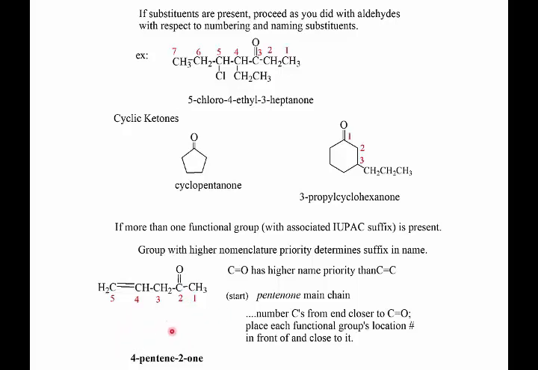We know this is a pentenone. The ketone's at position 2, so we'll write the number 2 just in front of the suffix -one, pentene-2-one. The location of the alkene group: alkene carbons between 4 and 5. Remember, when we're naming alkenes, we use the lower of those 2 numbers. So we're going to say 4-pentene-2-one as the IUPAC name for this compound.